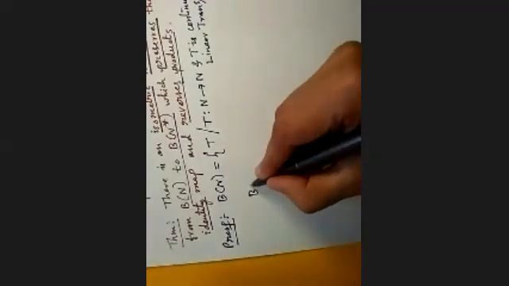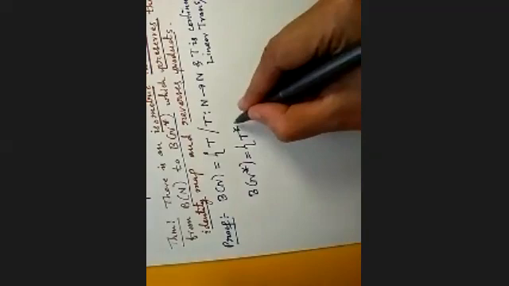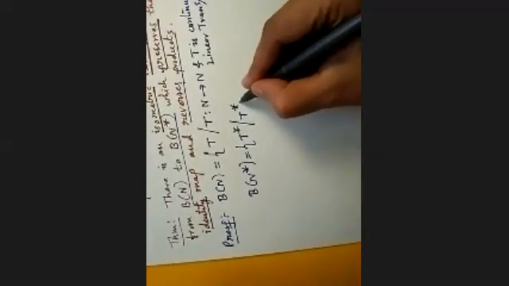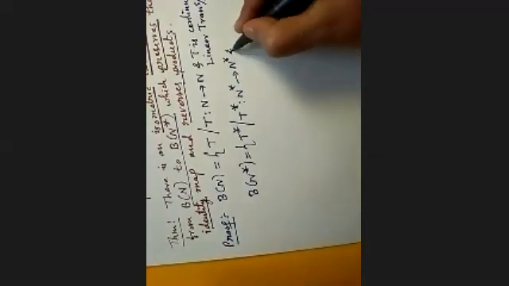Similarly, what is B of N star? B of N star is nothing but all T stars from N star to N star, and T star is the same thing, a continuous linear transformation.